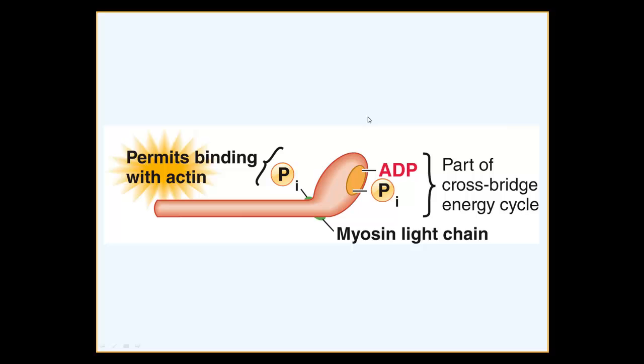We have tropomyosin, but unlike in the skeletal muscle fibers, it does not play a regulatory role. The regulation between the myosin head and the actin filament is entirely based on those myosin light chain proteins I described for you.